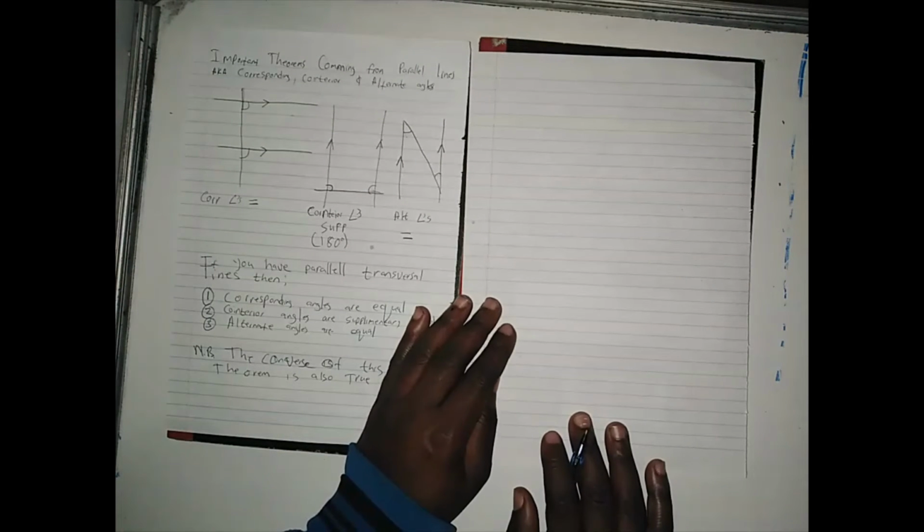All right, so let us then look at what? Let's look at the examples regarding this kind of thing, so that we can see how we go about using these kinds of theorems. All right, okay, let's take the first one.